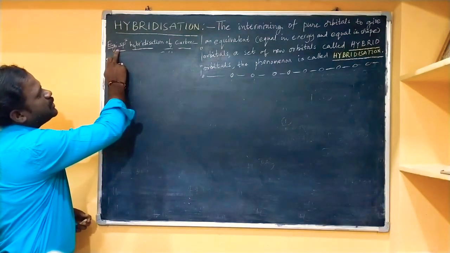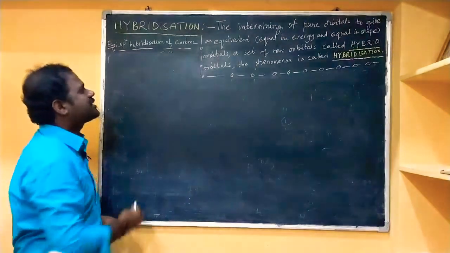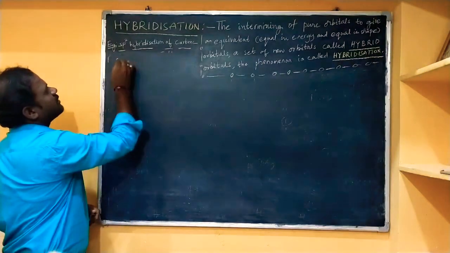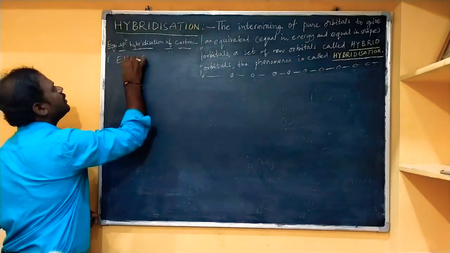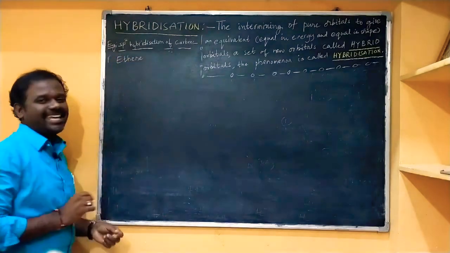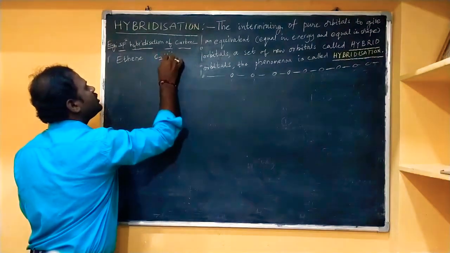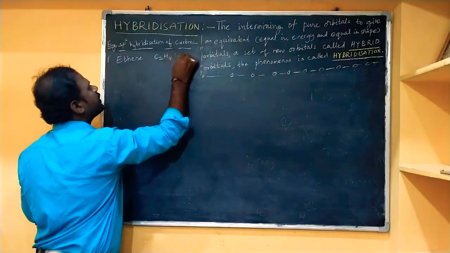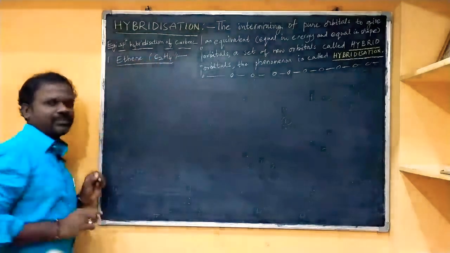Here we have sp2 hybridization of the carbon. The best example for sp2 hybridization of carbon is the ethene molecule. We can write ethene as C2H4.